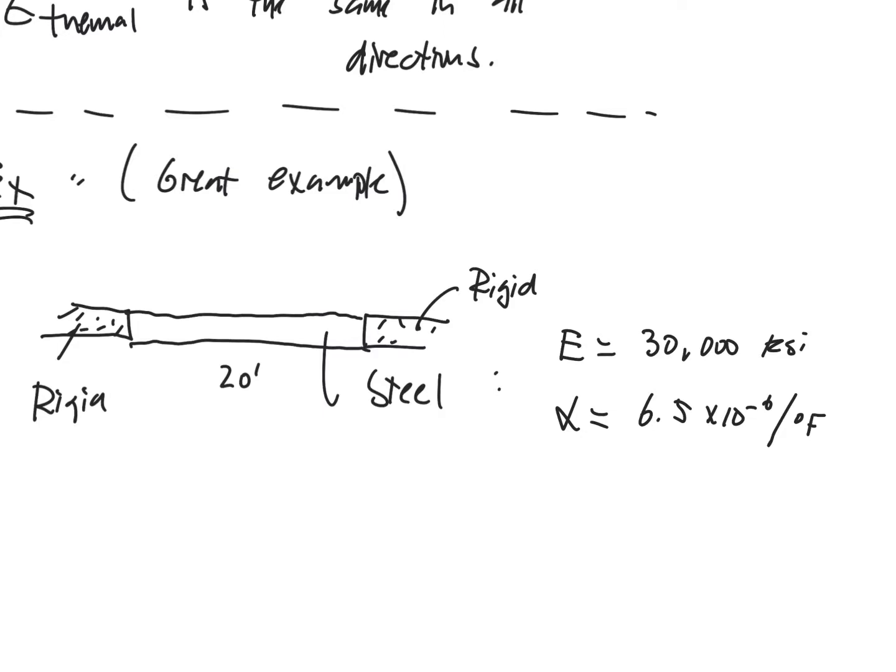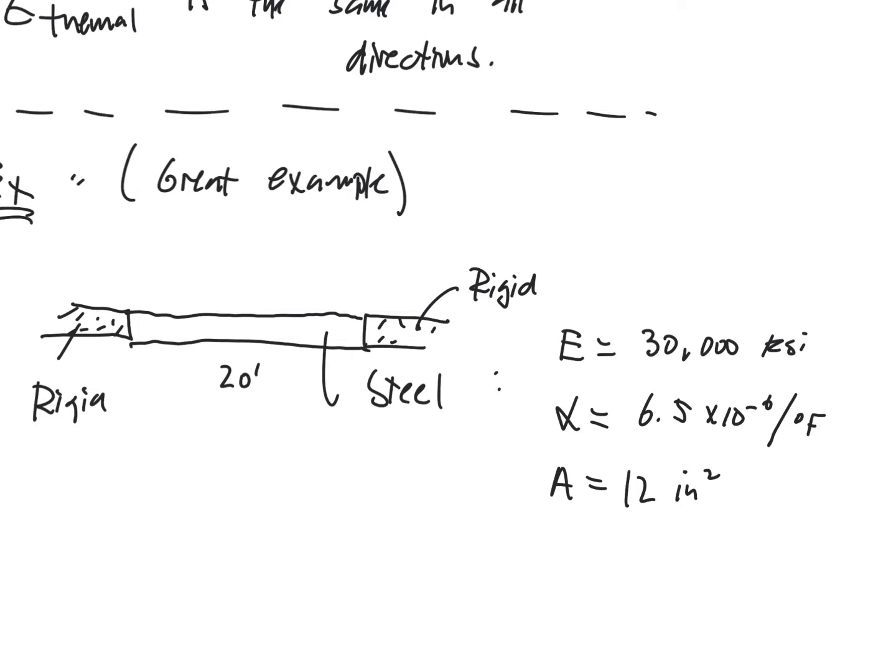So remember, it's inches per inch upstairs, or length per length. It could be inches per inch, meters per meter, millimeters per millimeter. It doesn't matter. That is a dimensionless quantity. But that's how much strain there is per degree change in temperature. And its area is going to be 12 square inches. So those are the parameters of our particular bar.